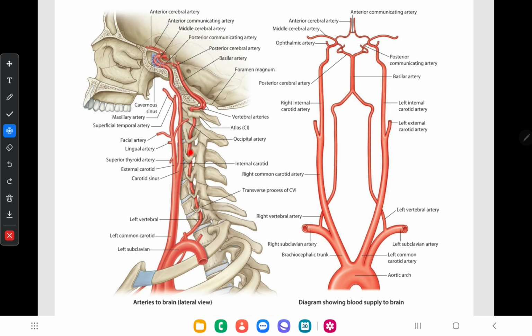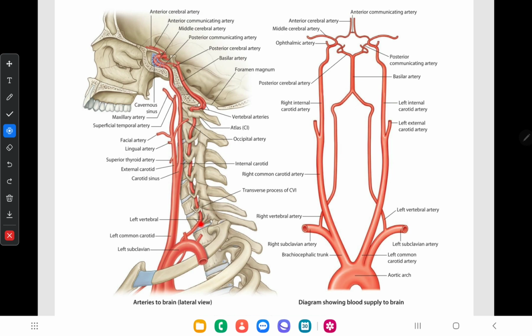Here you can see the transverse processes and the foramina in them. This is only in the upper six cervical vertebrae, not in the seventh cervical vertebra.